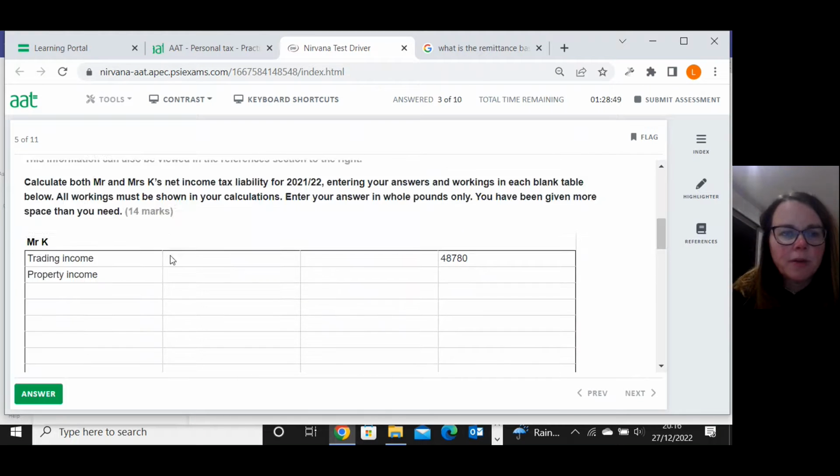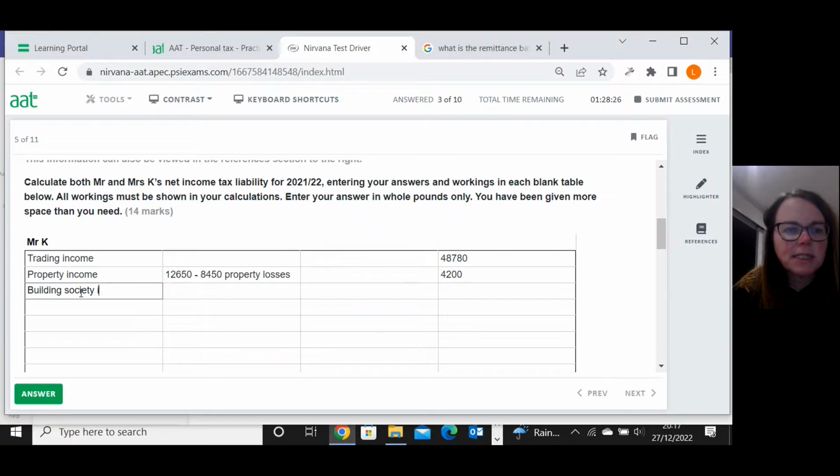So we'll show that in a working. You could even add what they were. You can do whatever you want on this because it's human marked, as long as you explain what you've done. So that gives us 4,200.